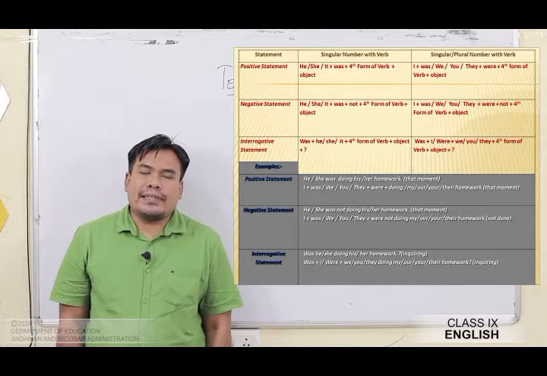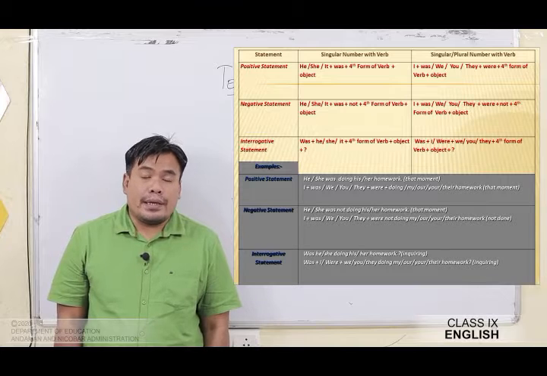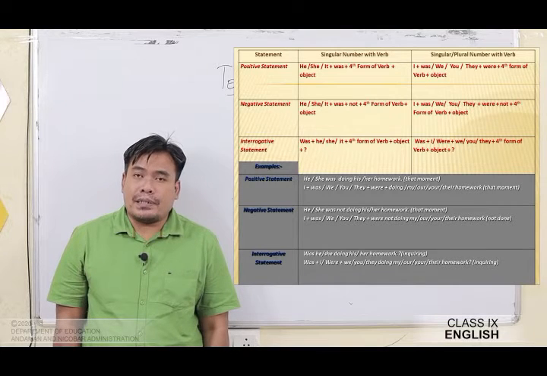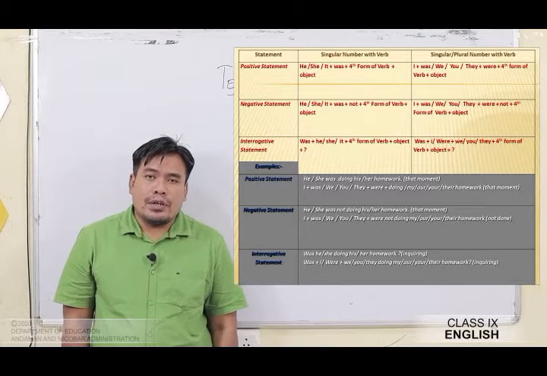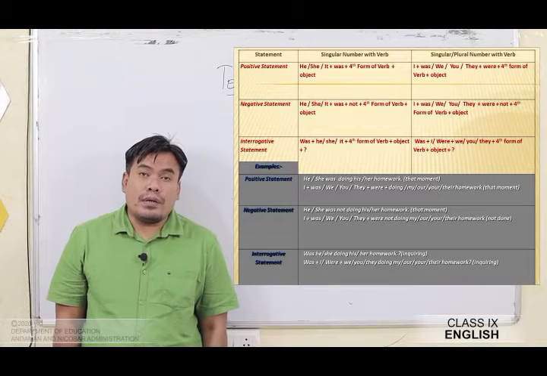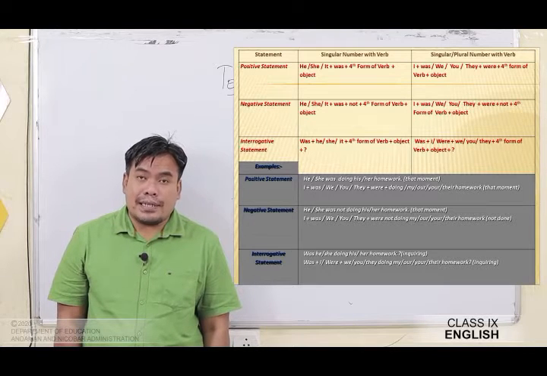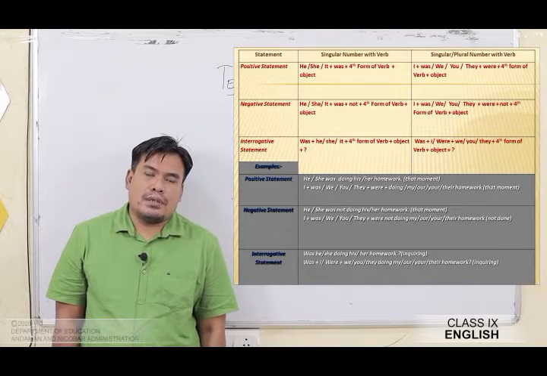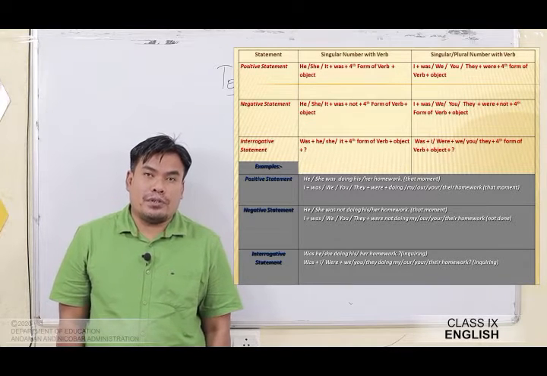The next one, the negative statement: I, definitely plus was, I was not. We, you, they plus were plus not. Not has to be written there, and the fourth form of verb will be used over there.